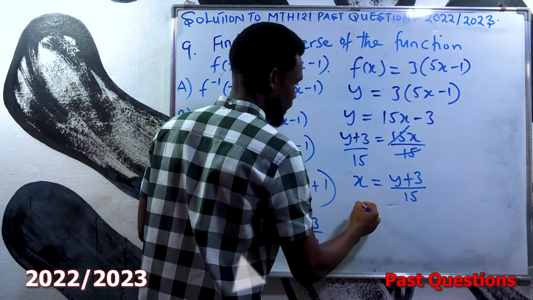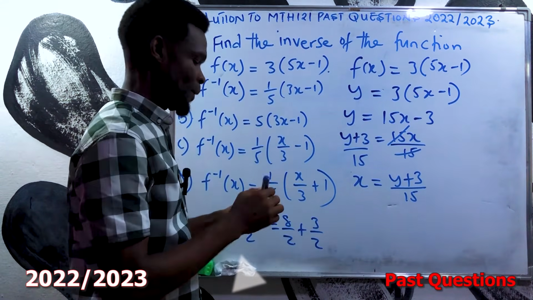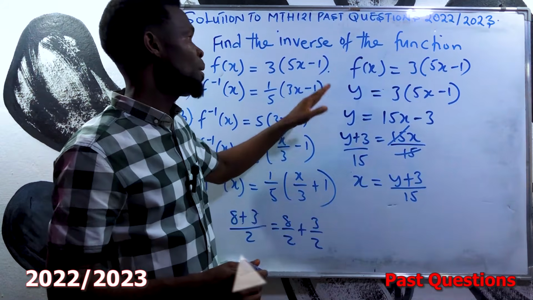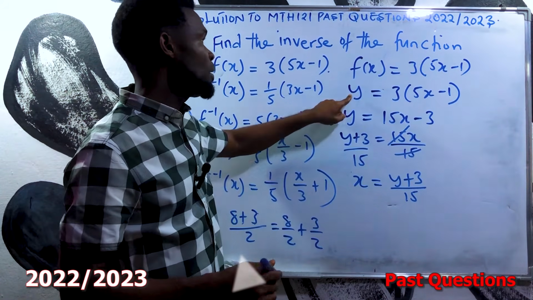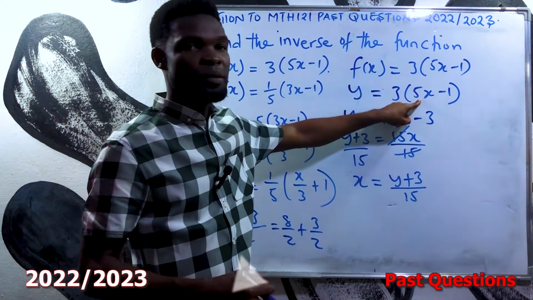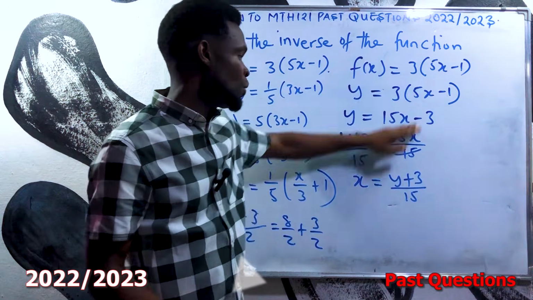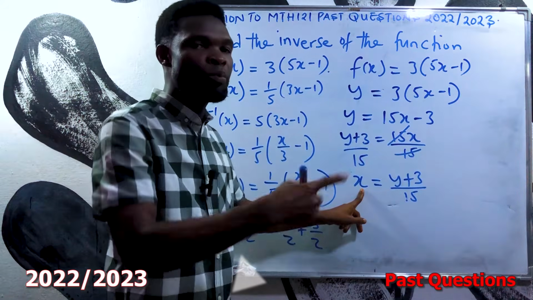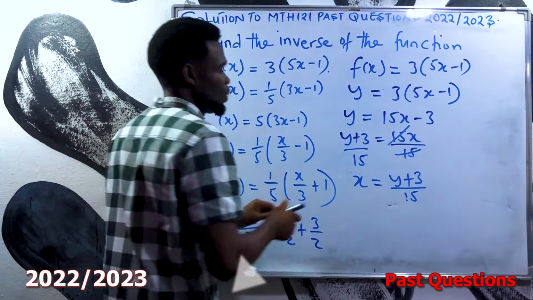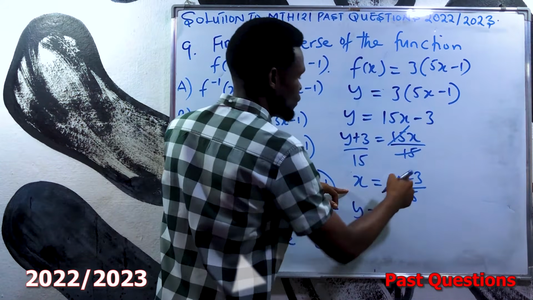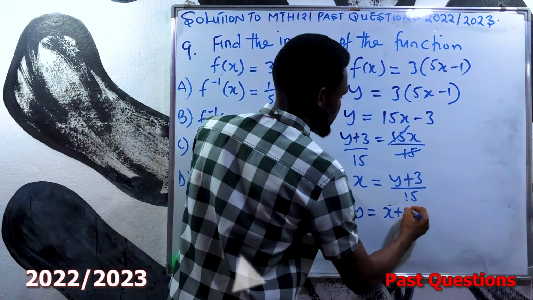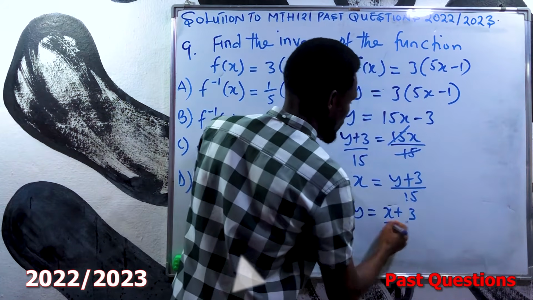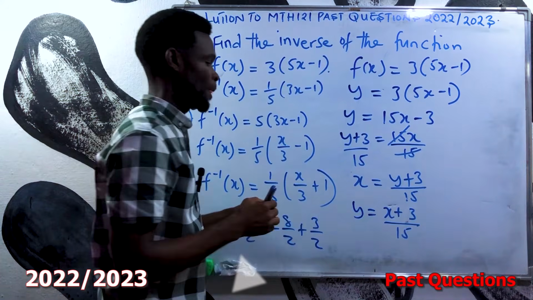So we say that first of all, step 1, we write this to be y equals to this. Step 2, make x the subject of formula. Look at it, we have made x the subject of formula. Step 3, interchange the position of x and y. So here will be y equals to, here will be x plus 3 all over 15.